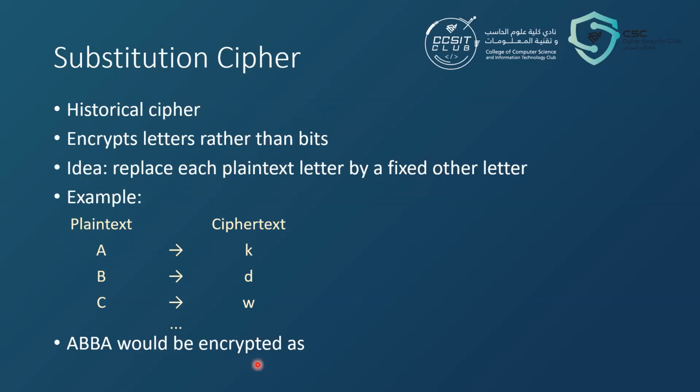So if you have, for example, this as our key: for every A in our plain text, we'll replace it with a K in the ciphertext. And then for every B in the plain text, we replace it with D, and so on for all the letters of the alphabet. And question, if we have the text ABBA, what do you think it would look like after encryption?